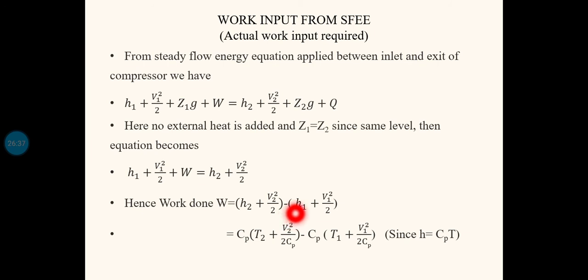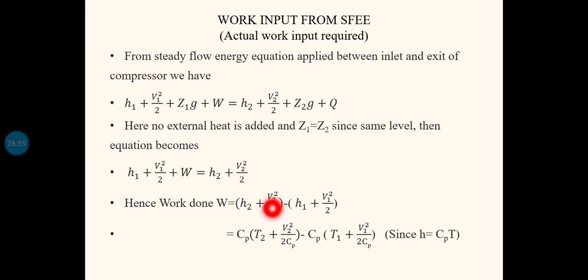That means T2 plus V2 square by 2Cp minus, similarly, T1 plus V1 square by 2Cp.